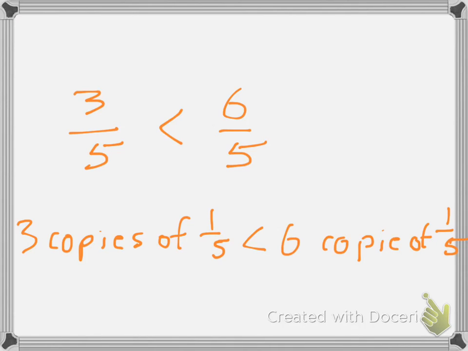Let's look at one last case of equivalent numerators. Let's look at 2/5 or 2/7. How can we reason which one would be greater? Well, let's look at the interpretation.